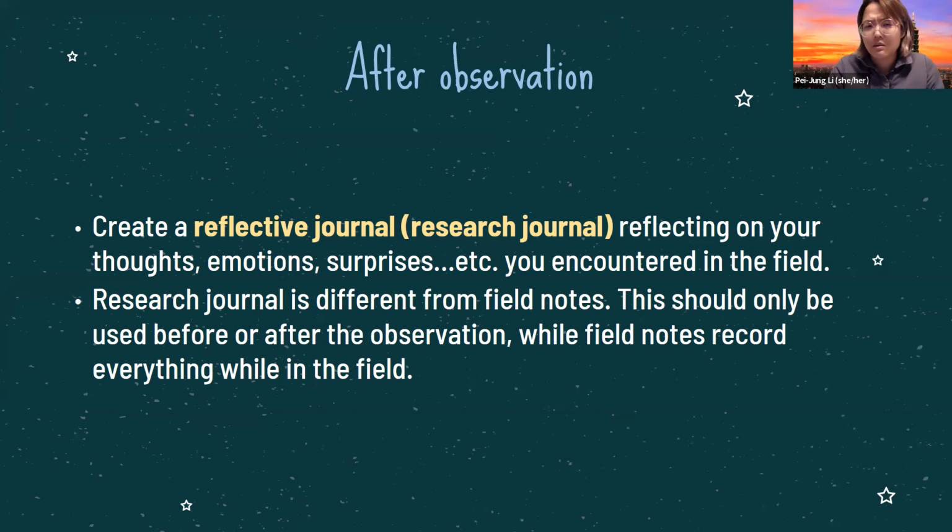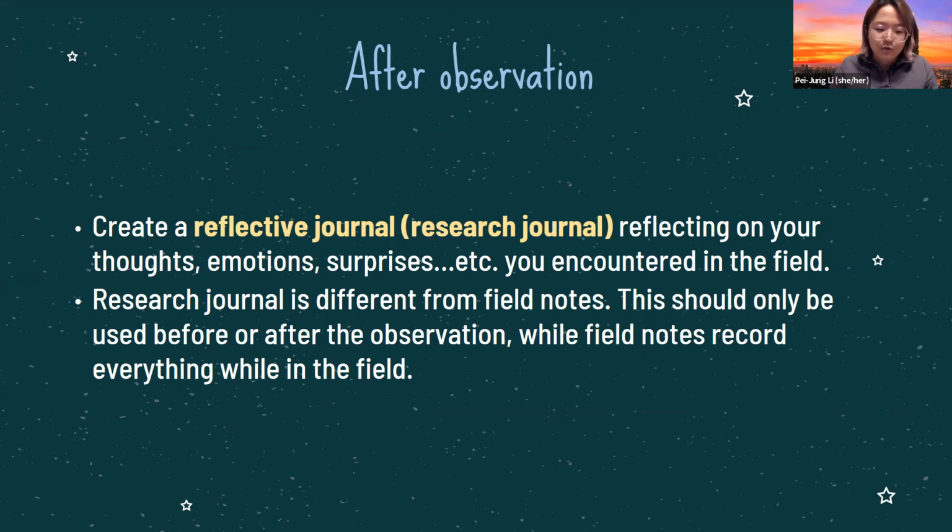There's no specific way to write your reflective journal, but a rule of thumb is to keep the date of when you jot down the notes very clear. For example, November 21st, 2021, this is my second day after my observation, and I feel this and that.